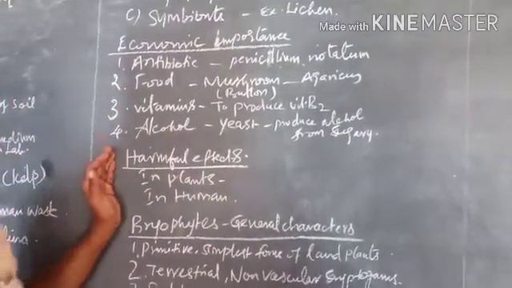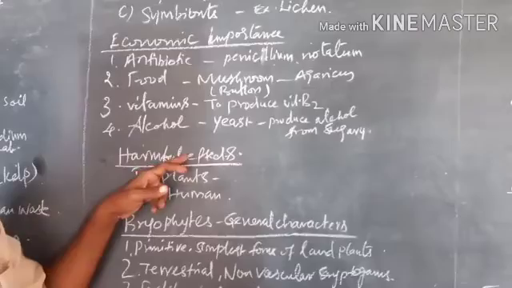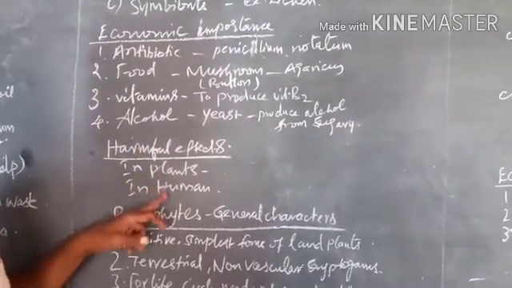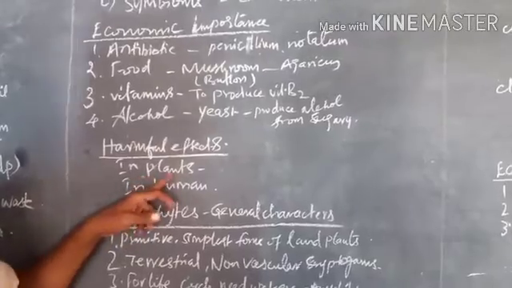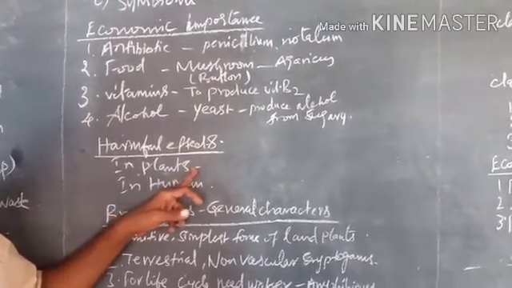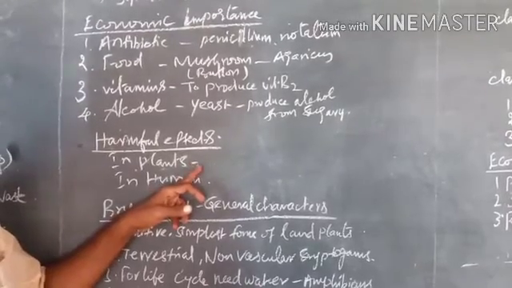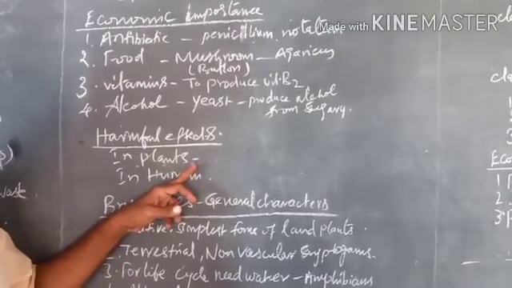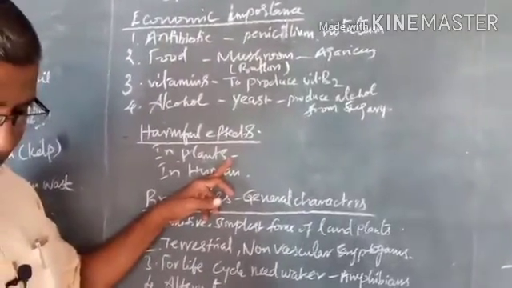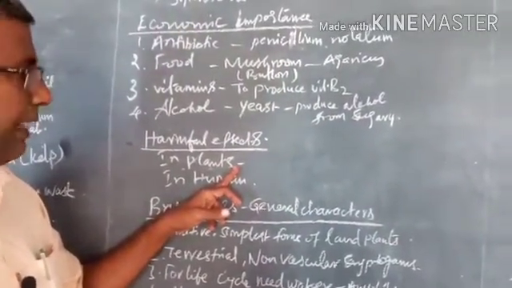What are the harmful effects of fungi? They affect both plants as well as man. In plants, they cause a number of diseases like wilt disease of cotton, Tikka disease of groundnut, red rot of sugarcane, blast disease of paddy, white rust of radish.